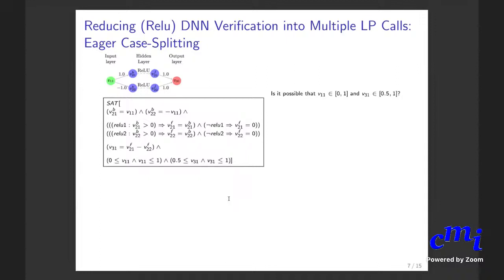There is only exactly one, right? What should the input be that makes this satisfiable? 0.5.